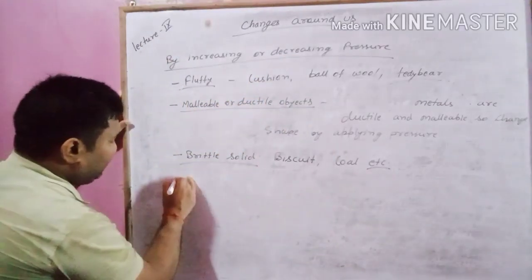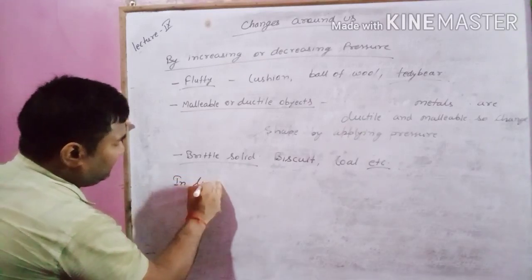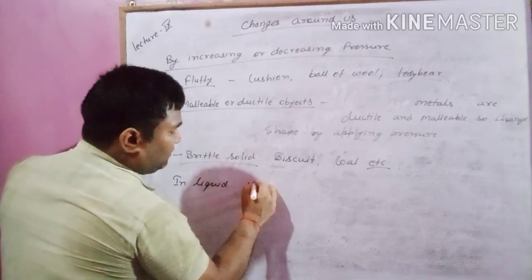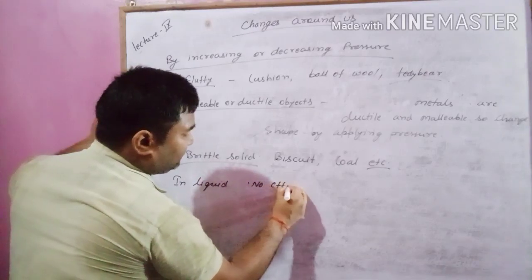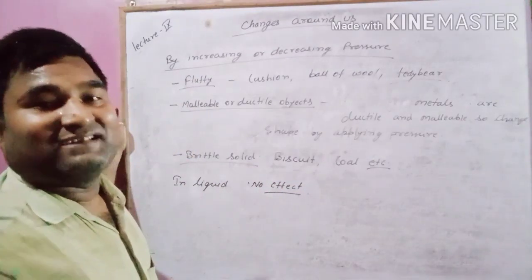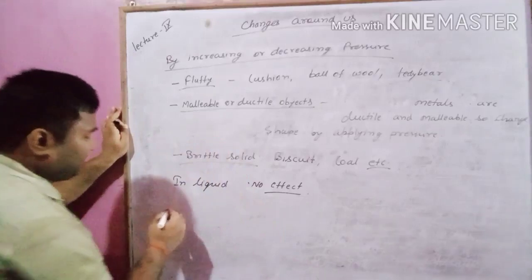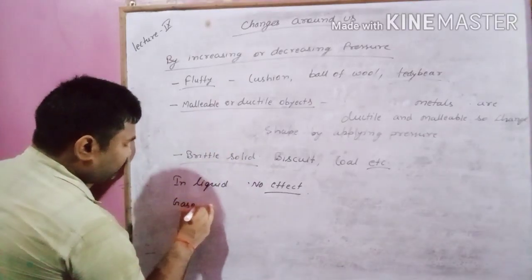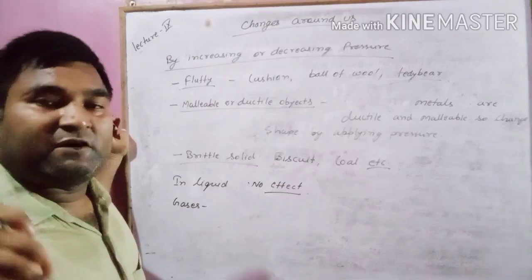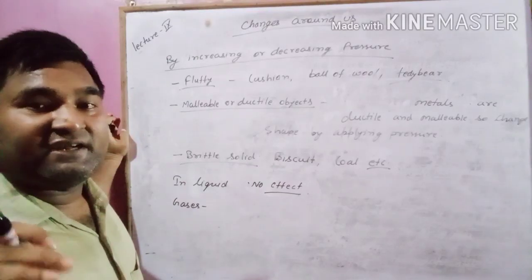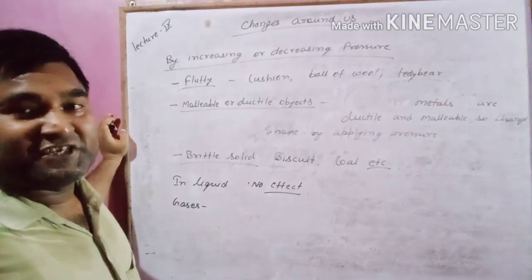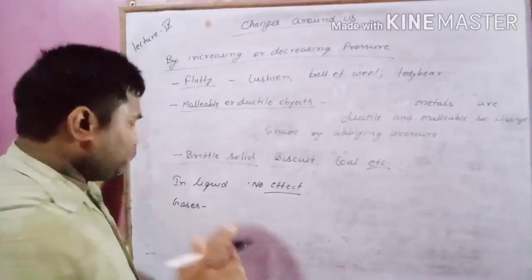Next, in liquids there is no effect, which means liquids are not compressed under pressure. Next is gases. On applying pressure or by increasing pressure, gases get compressed, and by releasing pressure, gases expand.